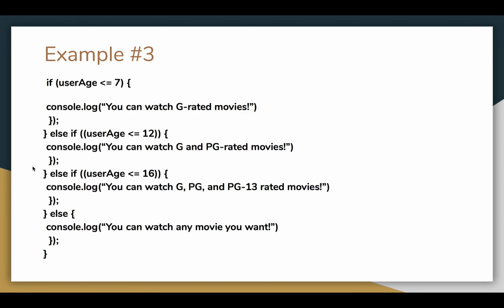So this will prove to be false for 15 years old. Then when I move down here, this is where it'll stop, because 15 years old is less than 16. So this line of code will come up because this has proved to be true. Basically it keeps going until it's proven to be true, and then it stops and the rest of the code falls with it.